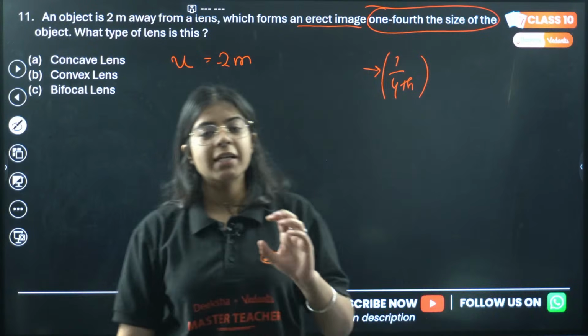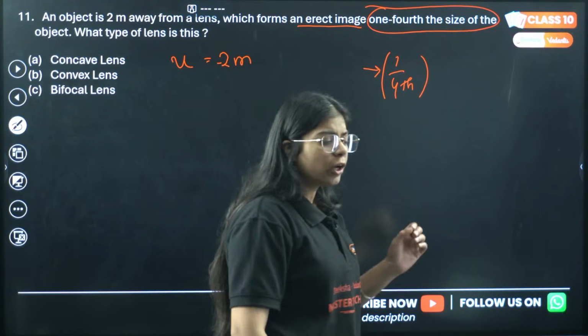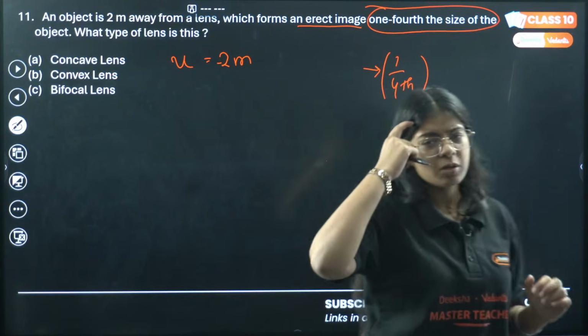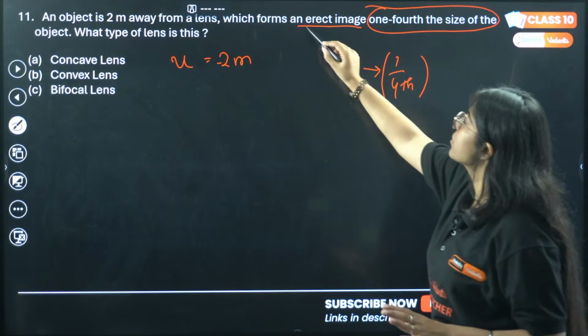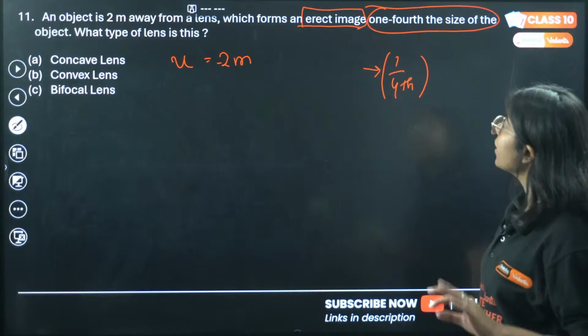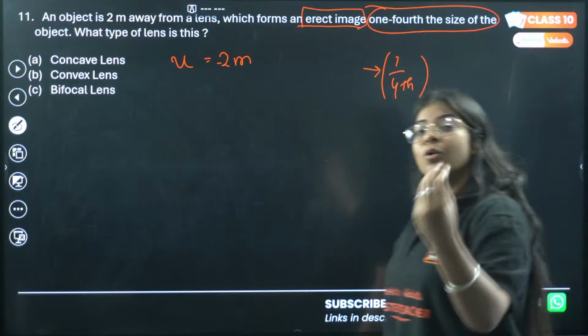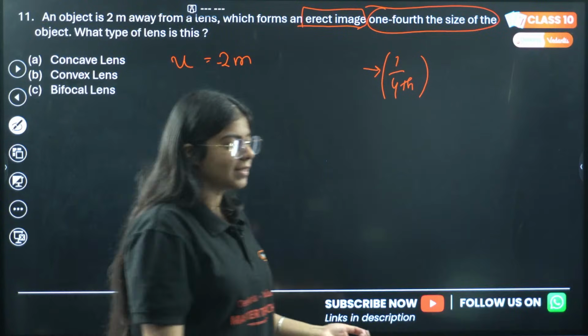If the object is 2 meters away, you don't have to do any calculation in this. Just use your brain. It forms an erect image, and 1/4 of the size of the object. Which kind of lens is this?